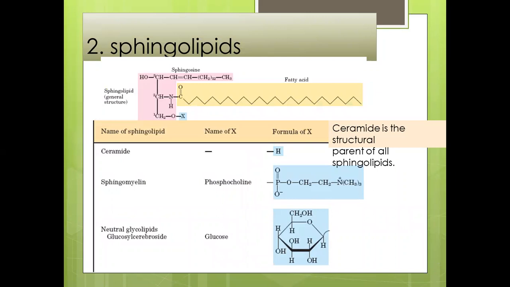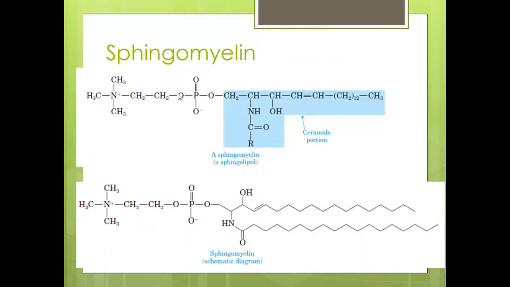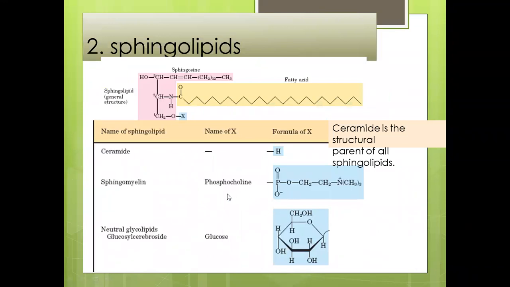So the sphingolipids, second classification. You have the sphingosine again in the structure, and you have the glycolipid. You have your fatty acid, the sphingosine, and you have your X. If your X is phosphocholine, then you have your sphingomyelin.